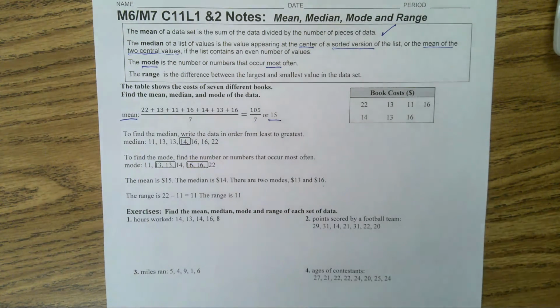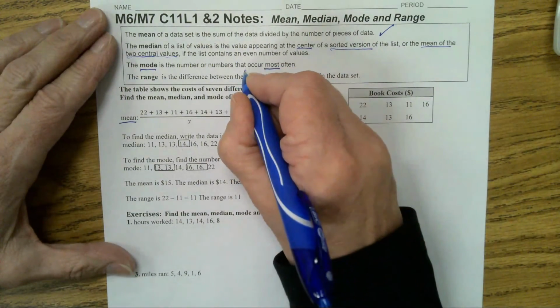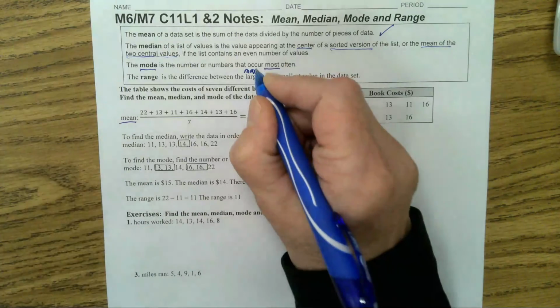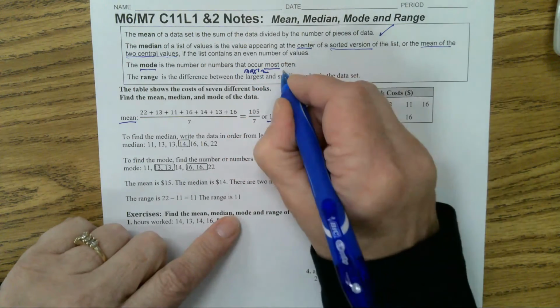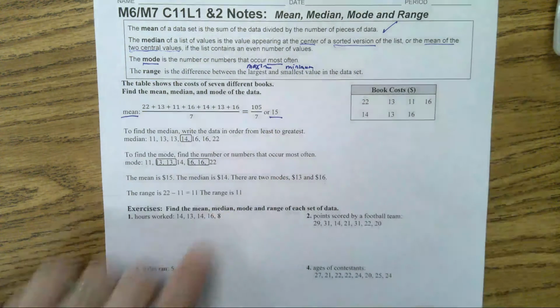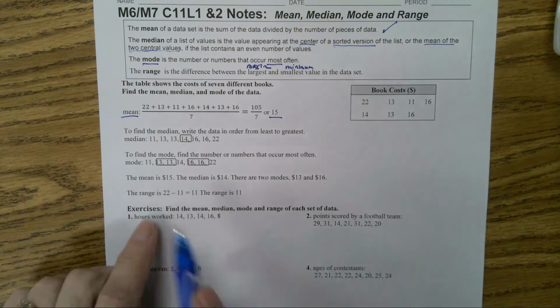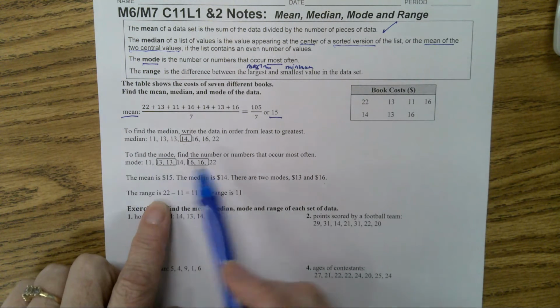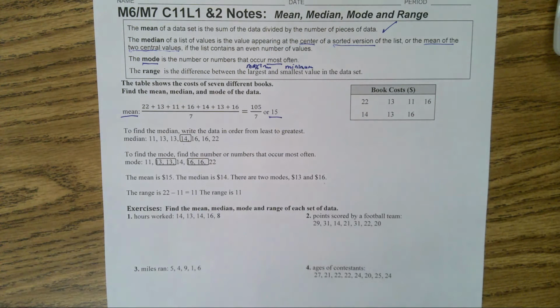The range is the difference between the largest, which is called the maximum, and the smallest, which is called the minimum of the data set. So, 22 is the maximum, 11 is the minimum, 22 minus 11, the range is 11. Are there any questions?